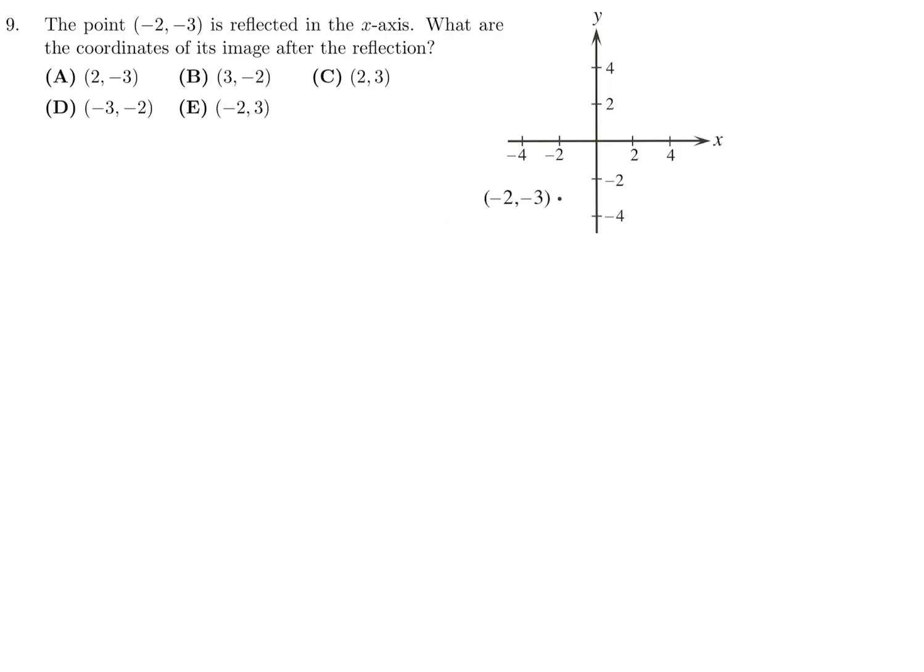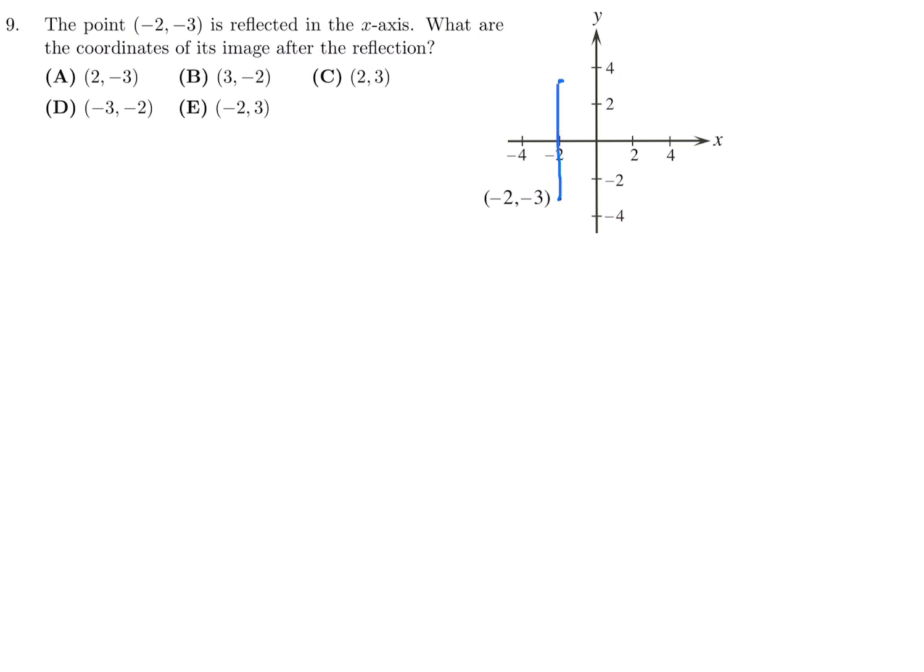The point (-2, -3) is reflected in the x-axis. What are the coordinates of its image after the reflection? So we look at the x-axis sort of like a mirror, right? And then we take this point and reflect it in that mirror to, I guess, here. And that's what they're asking: what are the coordinates of that point? Well, when you reflect it in the mirror, which in our case is the x-axis, the x-coordinate doesn't change.